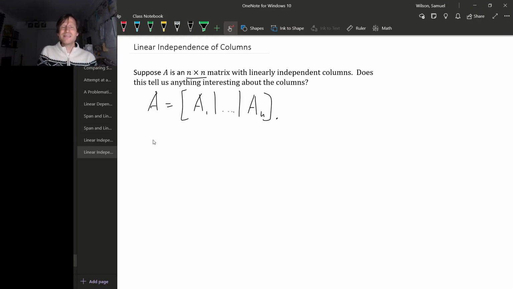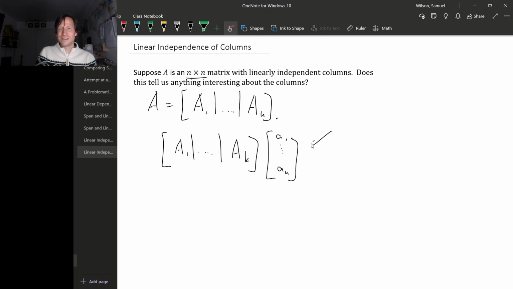Well, that means if you have some linear combination, how could we write a linear combination of the columns? Well, remember, one clever way to write a linear combination of columns is just to multiply by a vector of scalars, like this.